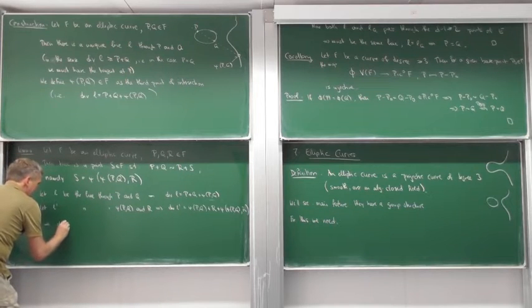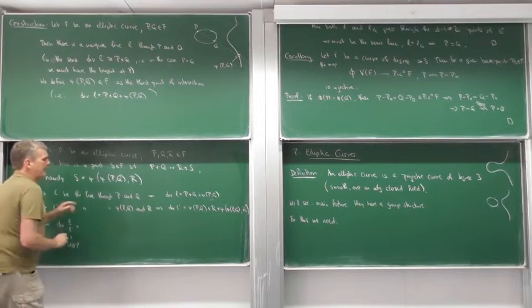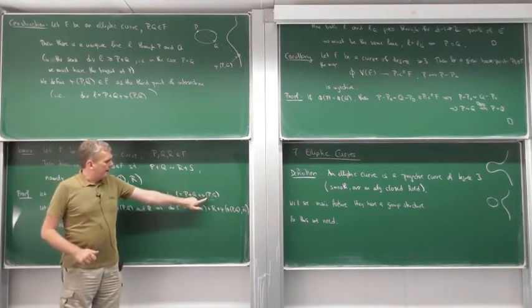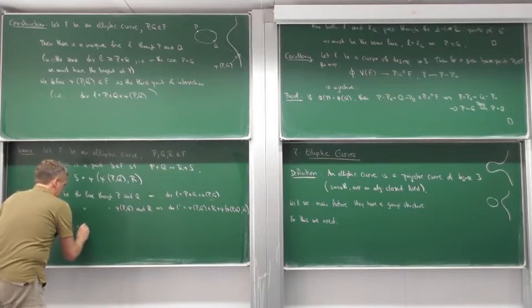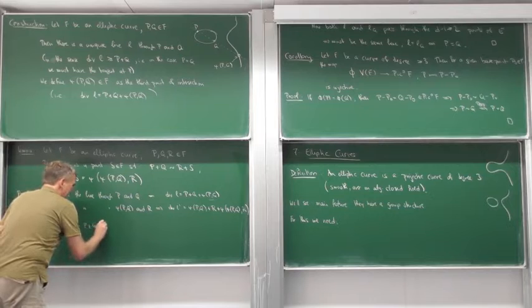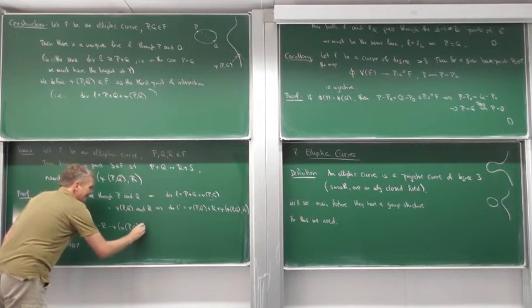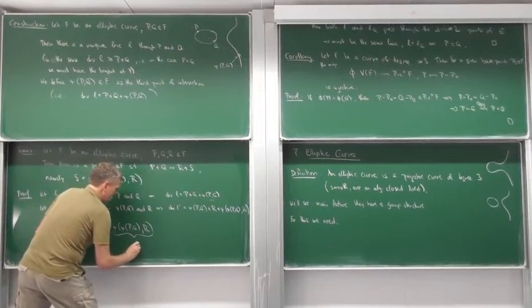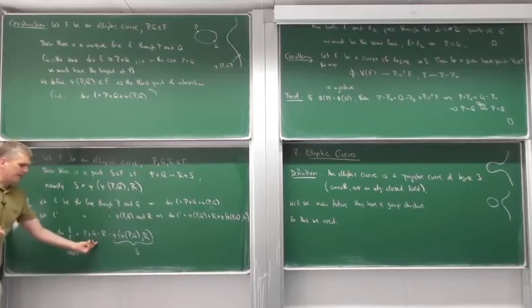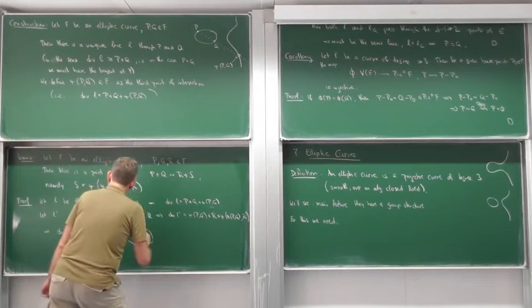So the divisor of L over L prime, which is a non-zero rational function, is then this minus that, and we see that the psi PQ just cancels out, and we get P plus Q minus R minus this psi PQ R. If we call that point S here, then this is 0 in the Picard group, and that is exactly the relation that we want.